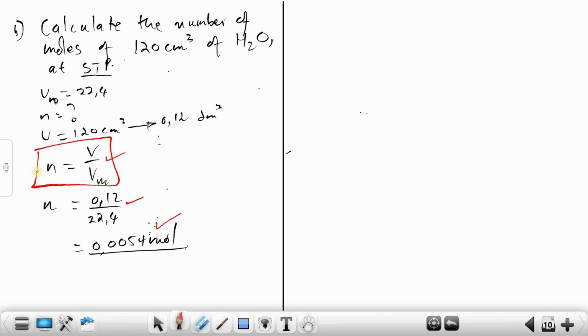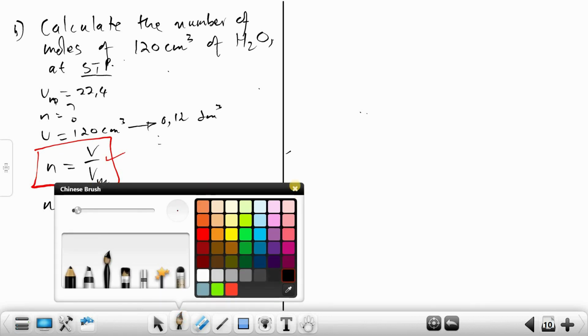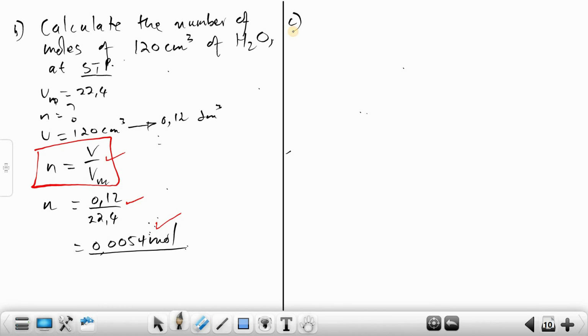Of course we can, because what we want to be looking for is a point where the examiner says to us at number C, calculate the mass.